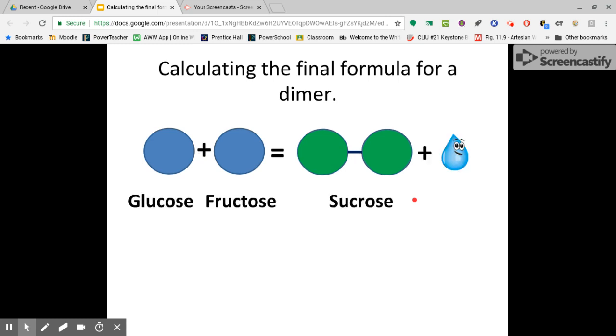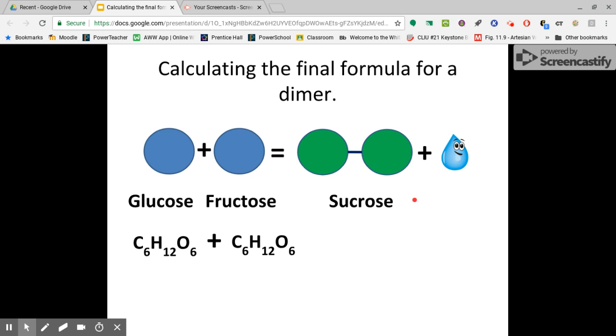I'm going to combine glucose and fructose, two monosaccharides, and form a disaccharide, sucrose. So when I combine those two, I get something new, plus a molecule of water. So how do we do this? We take the chemical formula for glucose, which is C6H12O6, and we add it to the chemical formula for fructose, which is also C6H12O6.